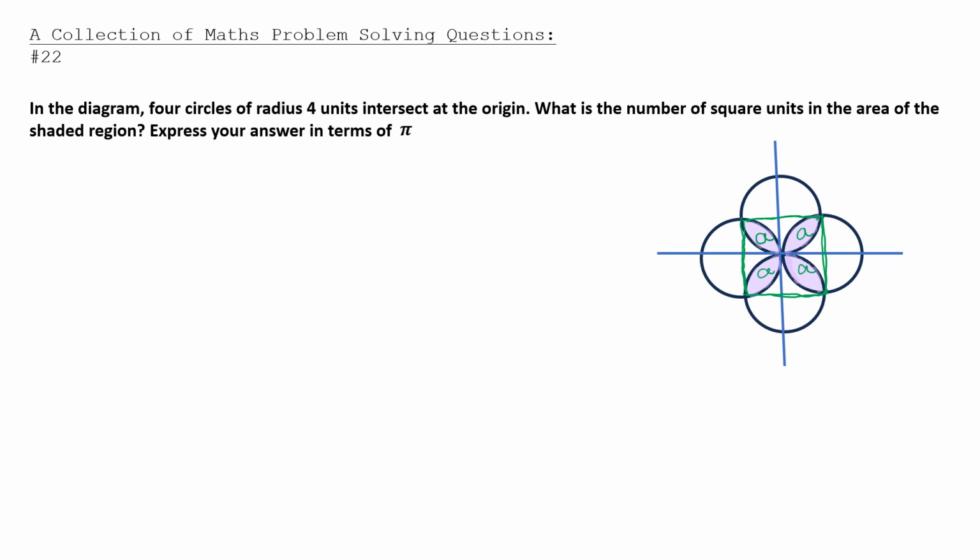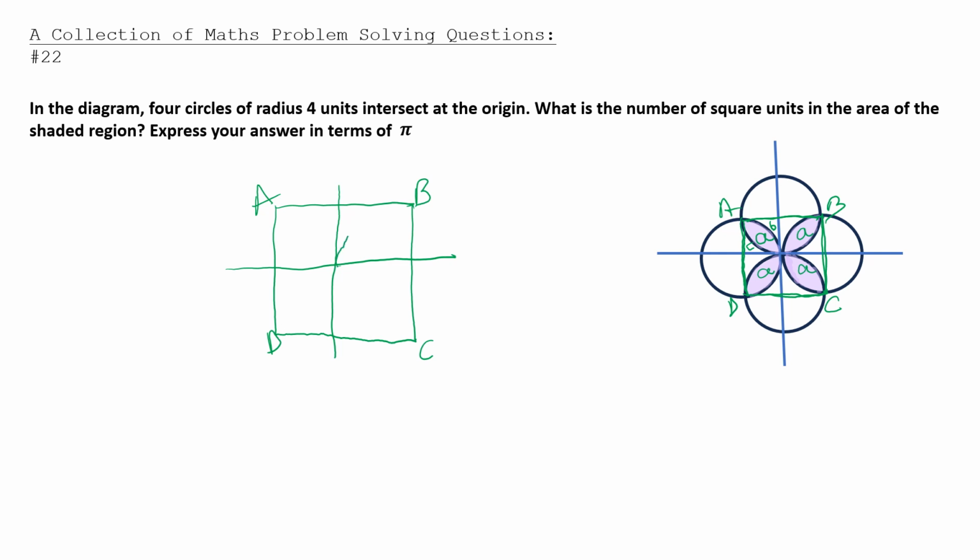The little white part here I call B, and this part here C. So what I have done is, if I were to draw a square again, I name it A, B, C, D, and I've drawn it here again.